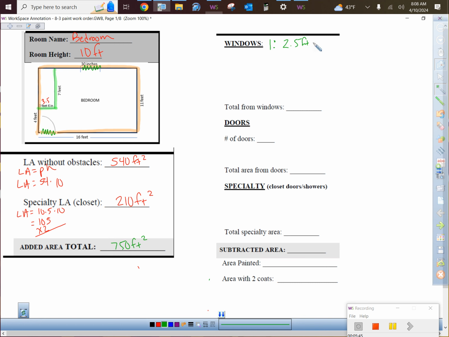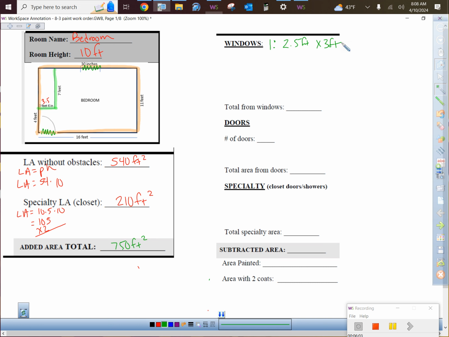Now here's where I just have the creative freedom to make the height of my window be whatever I want it to be. You have the creative freedom to make the height of your window to be whatever you want it to be also. But for me to grade this, I have to see you write it down so I know how tall your window is. I'm going to make mine 3 feet tall. So 2.5 feet by 3 feet. Punch that in and see what the area of that window would be.